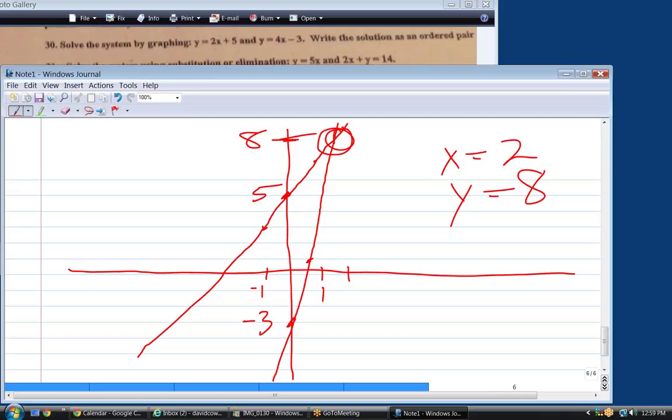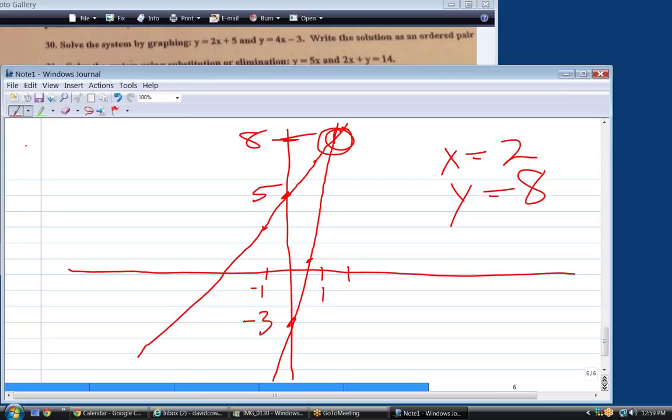That would be my guess based on my graph. If you were graphing this on grid paper, then you'd be able to just count up the squares and know exactly what your solution was. This is the drawback of a graphical solution, it's not very precise because you have to approximate where this intersection point is.